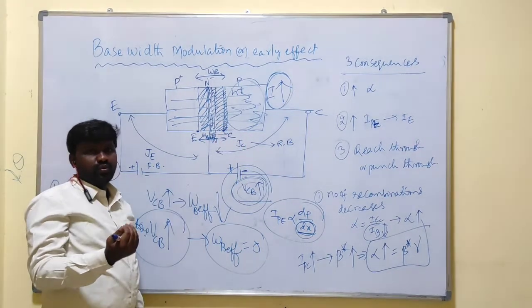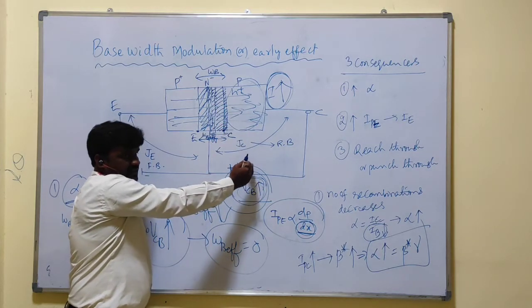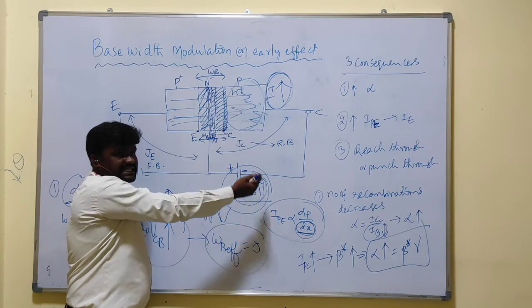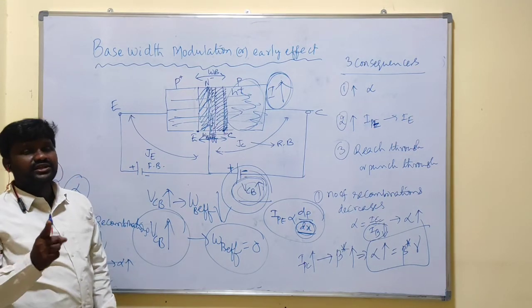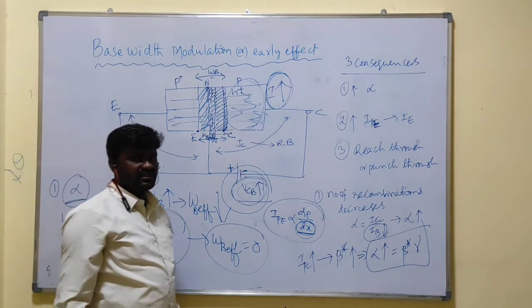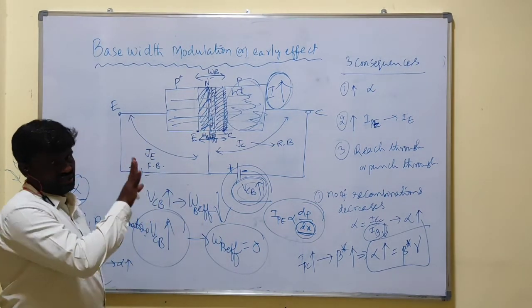As that current is more, we get more dissipated power in the collector region. If this dissipated power exceeds the power rating of the transistor, that leads to damage of the transistor. This is all about base width modulation and its consequences.